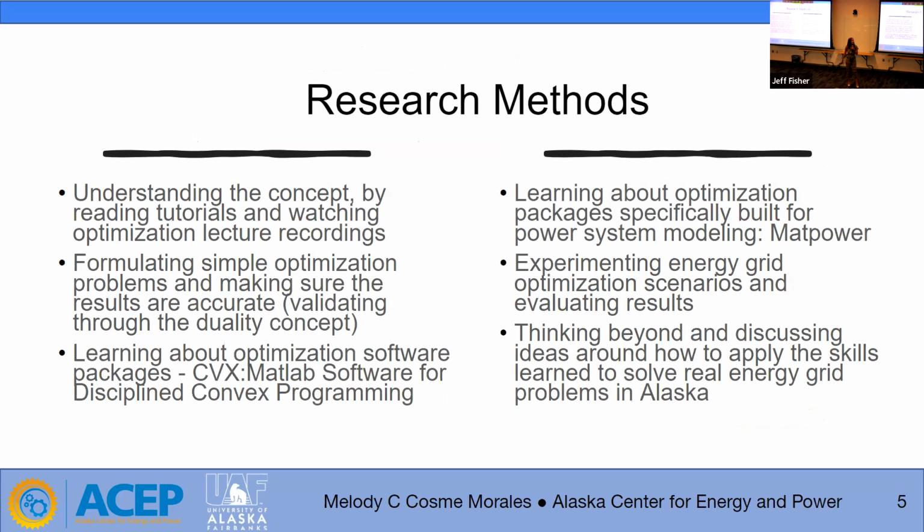So how did we do this? We worked on understanding the concepts, reading a lot of tutorials, recordings, and literature, formulating simple optimization problems and comparing them to the coding and the outputs we were getting. We learned about optimization software packages such as CVX and MATLAB, with CVX for disciplined convex programming and MATLAB for power system modeling.